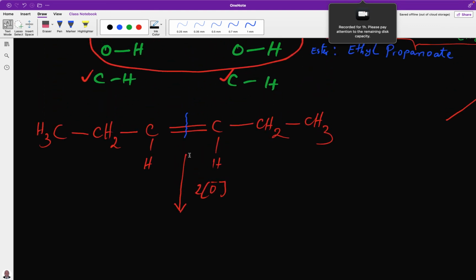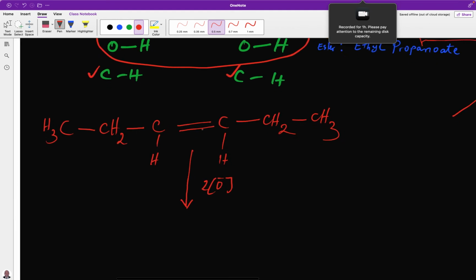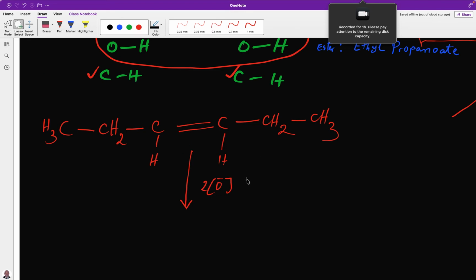A diol is from here. Under cold dilute, this is the reaction that occurs.